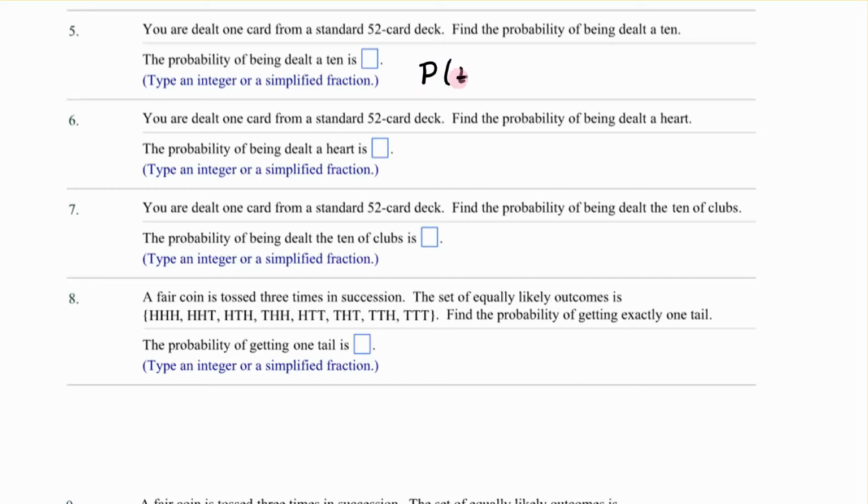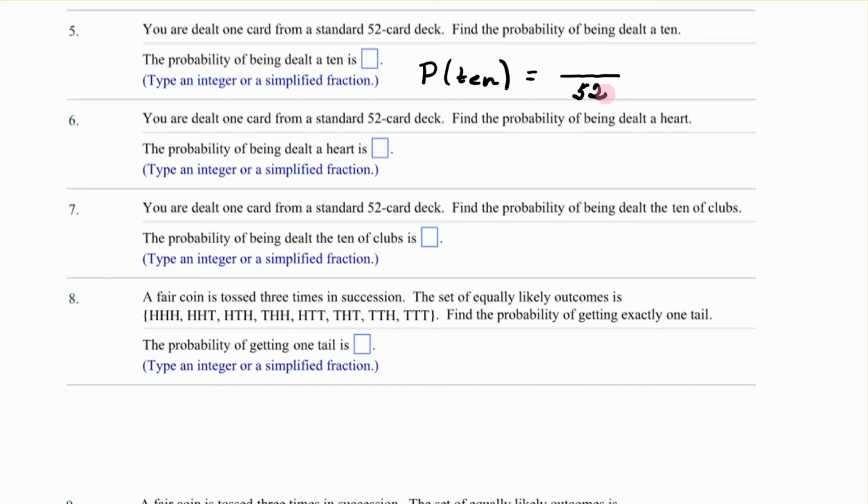Probability of a 10. All right, the sample space. If you are dealt 1 card, how many different cards are there? Well, the sample space is indeed 52. There are 52 cards. What is the probability that it is a 10?